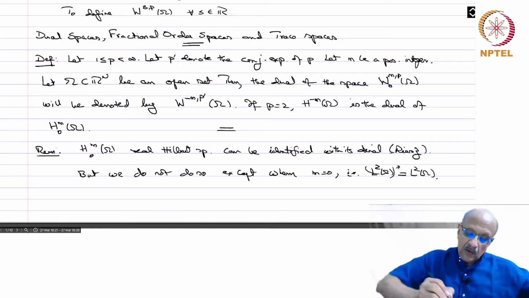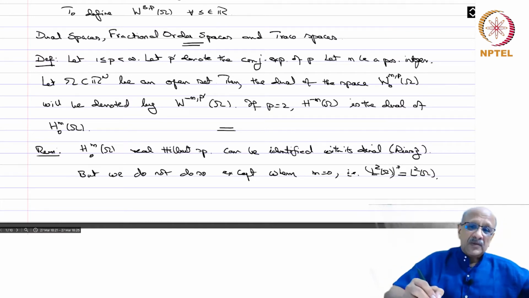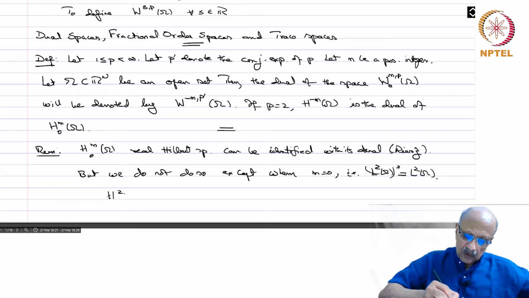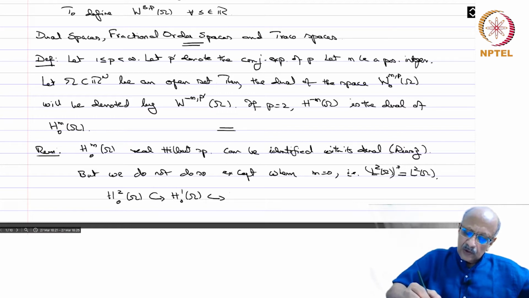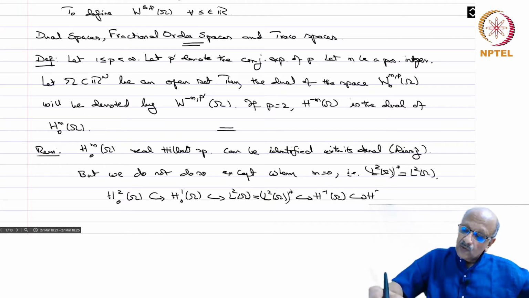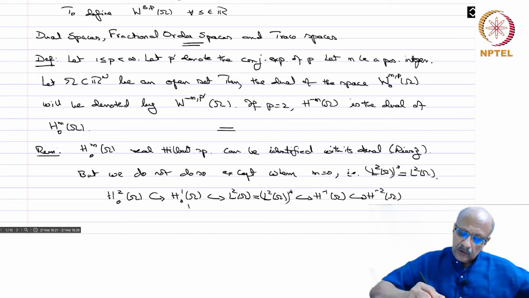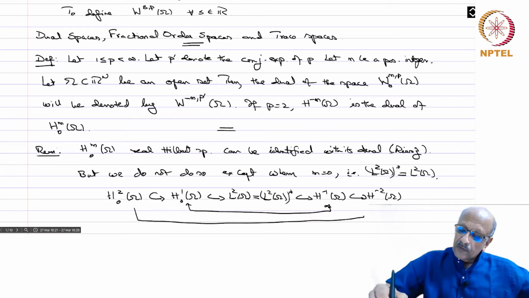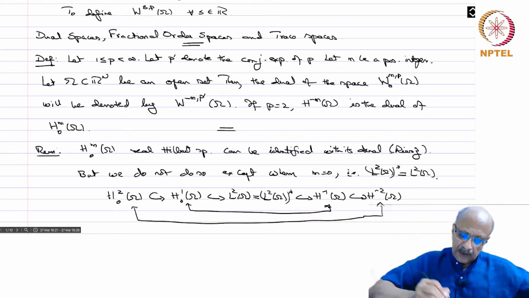So when we have a tower of Hilbert spaces, we will have H2 0 of omega included in H1 0 of omega, which is included in L2 of omega, which is equal to L2 of omega star, and then we will have H minus 1 of omega included in H minus 2 of omega, and so on. So the dual of H1 0 of omega will be H minus 1 of omega. Dual of H2 0 of omega is H minus 2 of omega.